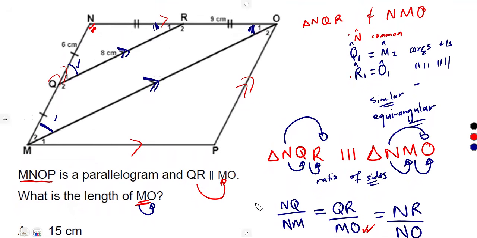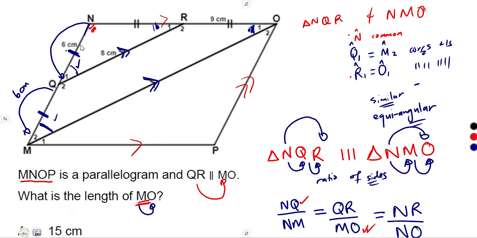All right. NQ, we have it. NQ is there. What about NM? From N to M, do we have that one? Someone can say, no, but we have it. From which concept? Remember, we are told that this here is an indication that NQ is equal to QM. So if this is 6 centimeters, this is also 6 centimeters.